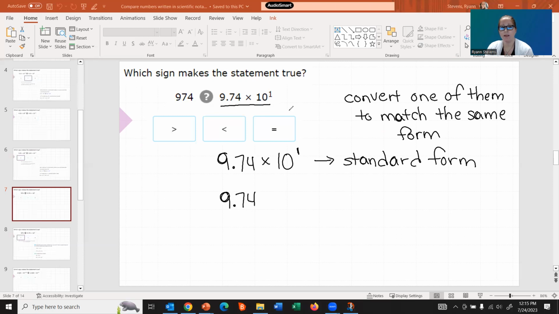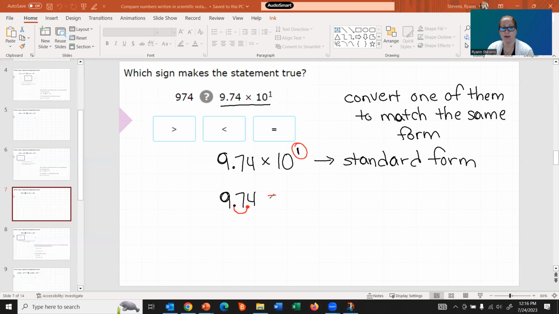And then this exponent here is going to tell me how many places I'm going to move the decimal. Okay, and this is a positive 1, which means I'm going to take this decimal and move it to the right. Remember, a positive exponent is going to make that number larger. Okay, and so if you're completing a question and you have a positive exponent and your number becomes smaller, just take a look back at that and see, did I move the decimal in the right direction?